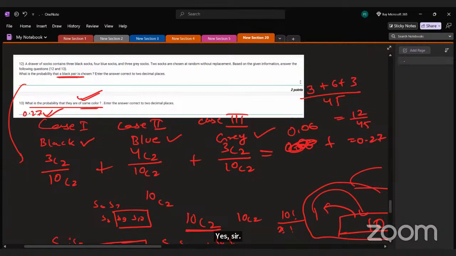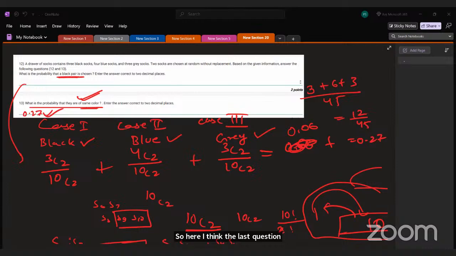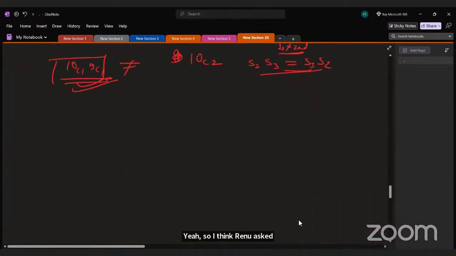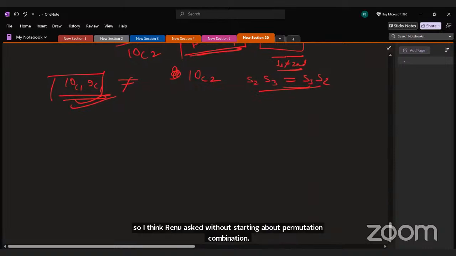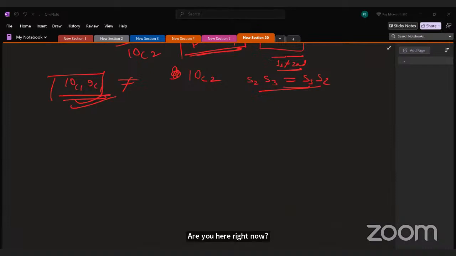Okay, so I think Renu asked a doubt in the starting about permutation and combination. Are you here, Renu? Okay, so he's not here. Renu, are you here?